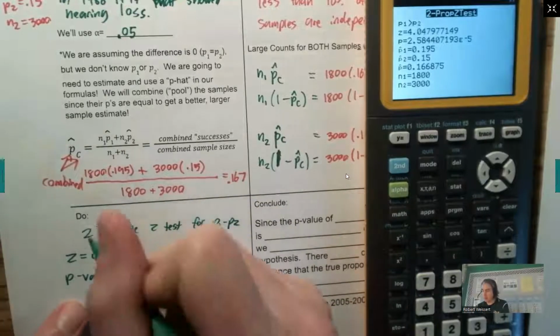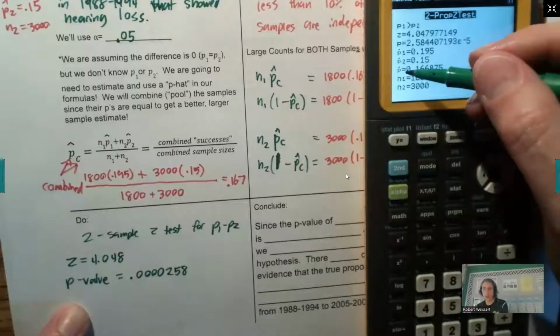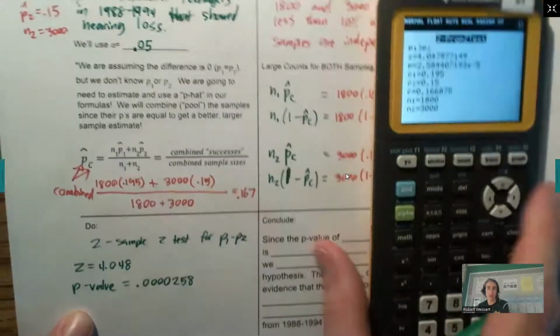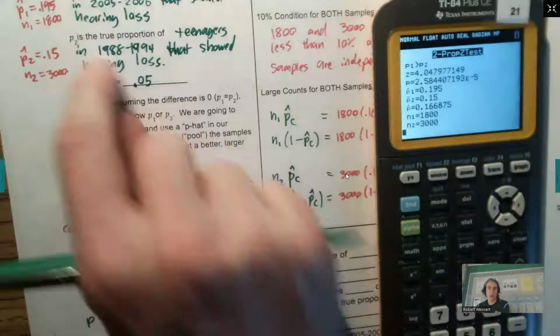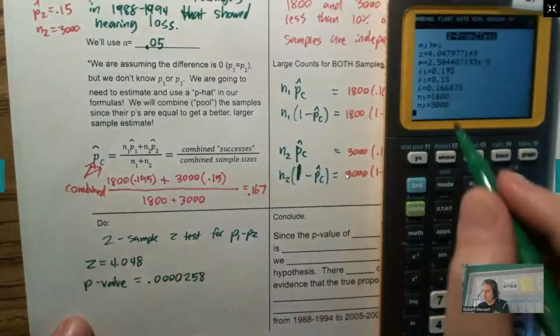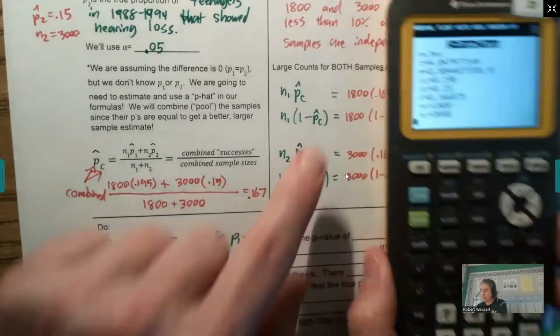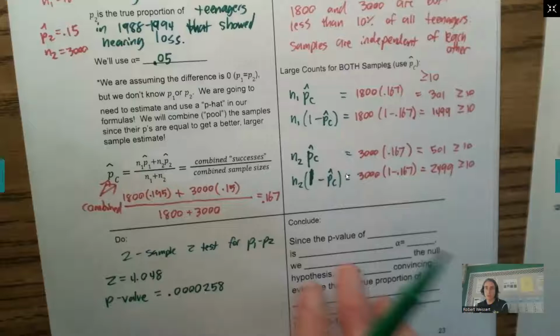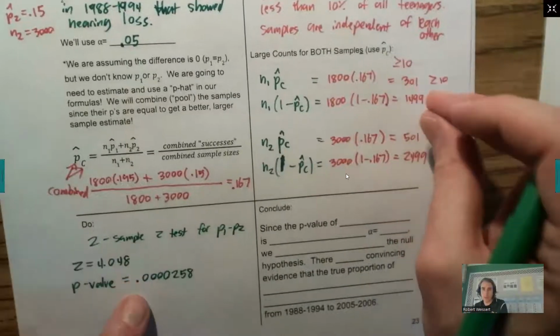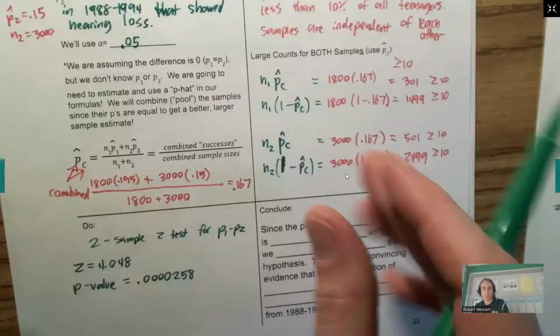And then you can list out, if you want to, your p hat 1, p hat 2, and your pooled proportion. If you haven't labeled them already, it would be okay to write them here too. But you can get that PC right there, 0.166875, and use that for your large counts. You must use that to calculate your large counts. So you can get that from your 2-prop z-test.